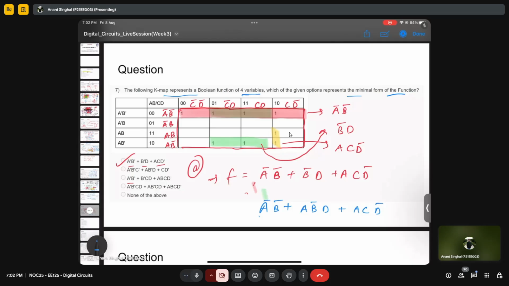You cannot make these two as pairs because then it will be repetitive. You need to find the simplest or minimized form. If you make these two pairs, this term has an extra variable. This one is just B bar D, so this is the minimized form. That is why the other is not the answer, and I have only written B bar D. Is it clear? Instead of making this a pair, I have made it a quad like this, so that I can eliminate one more variable.